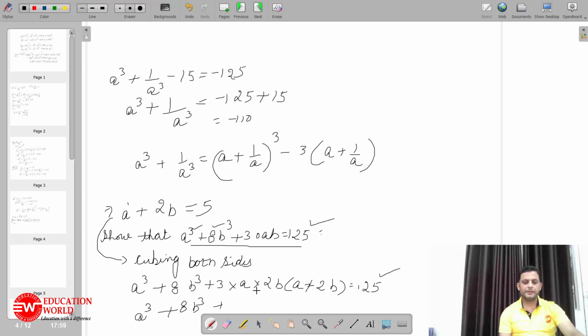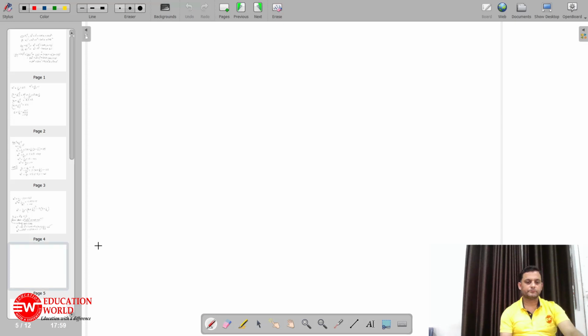So it will be 6ab. So in place of a plus 2b, we will use the given result, 5. 6ab times 5 gives 30ab, is equal to 125. So therefore, we will get our result.